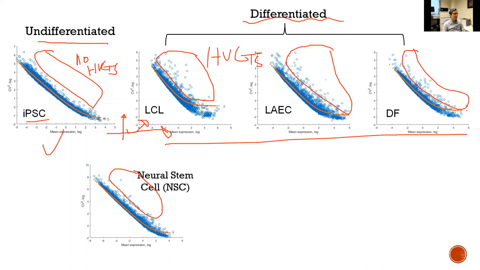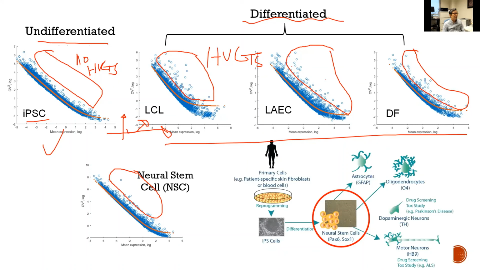So this cell is a neuron stem cell, and it's in the middle of differentiation from iPSC to more matured neuron or glial cells. So this cell type is an intermediate step of this differentiation, and we start to see an increase, the pattern of the highly variable genes starts to show.